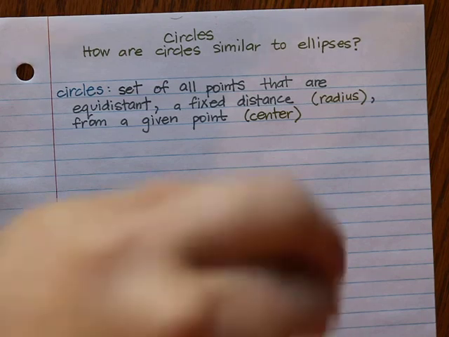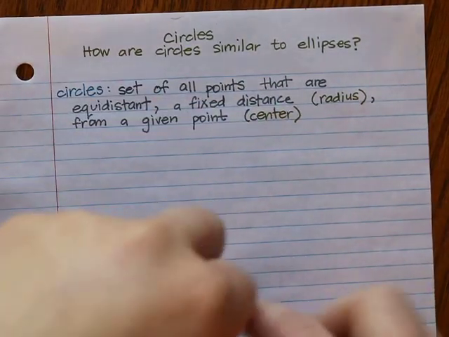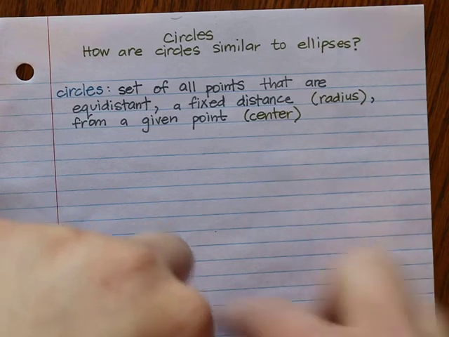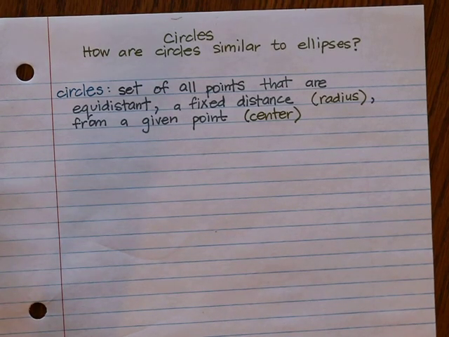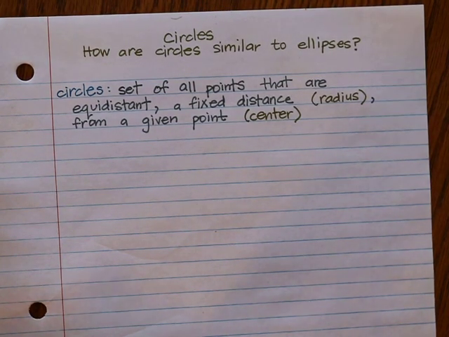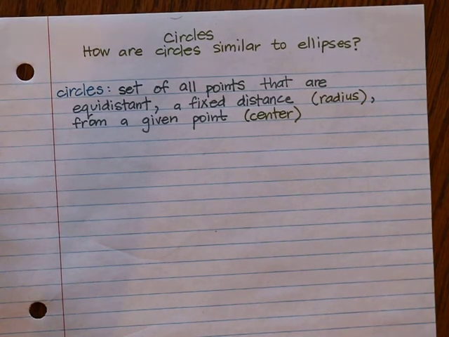That was your given point. You dropped that in, and how far you opened the mouth of your compass to make the radius was fixed. Then you swung it around so you could get every possible point, or if you were like me, your compass didn't work well and you missed giant chunks or it didn't line up. But the goal was to get every point that was a fixed distance away.